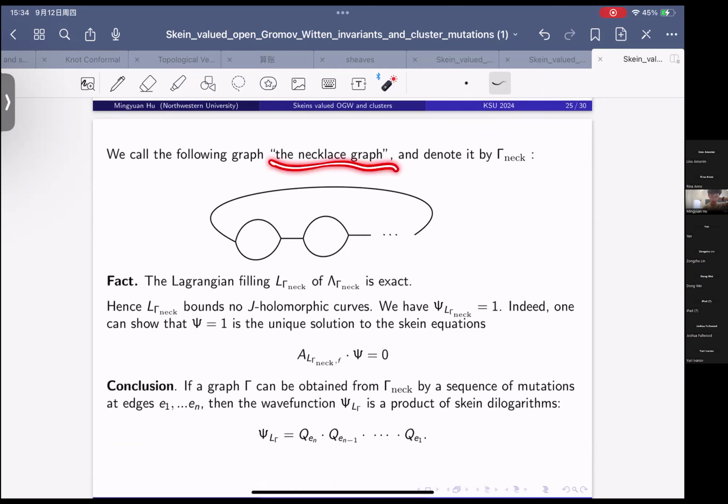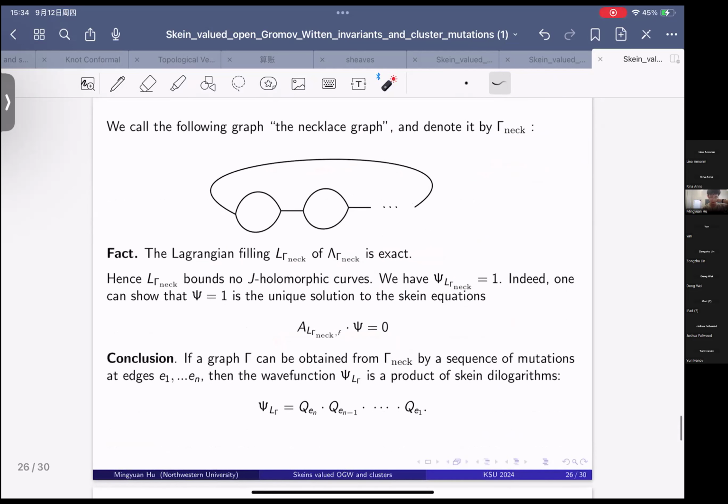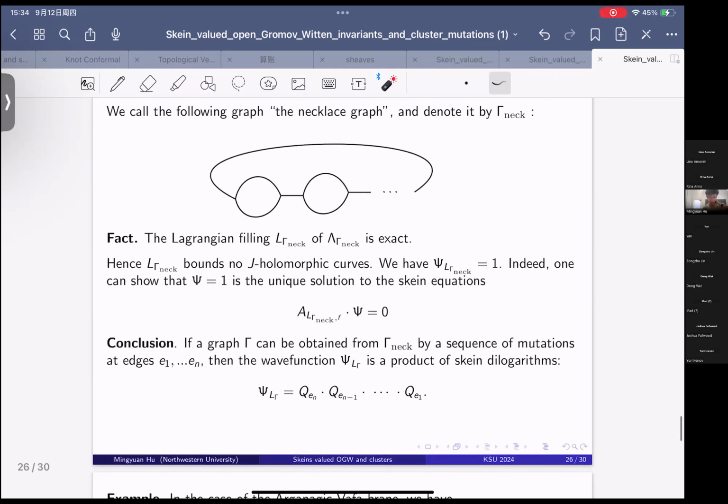We call this the necklace graph, and because we know the Lagrangian filling of this is exact, the wave function of this necklace graph is 1. And indeed you can also solve the skein equation of this wave function, and you can prove that 1 is the only unique solution.